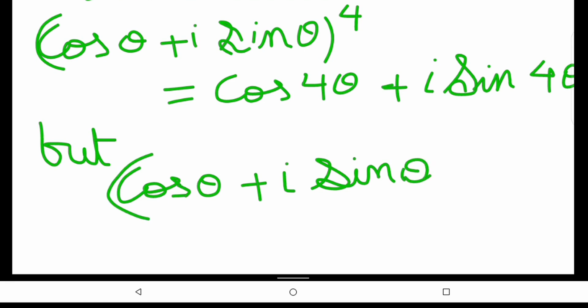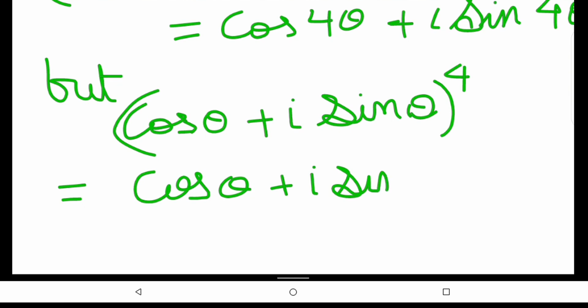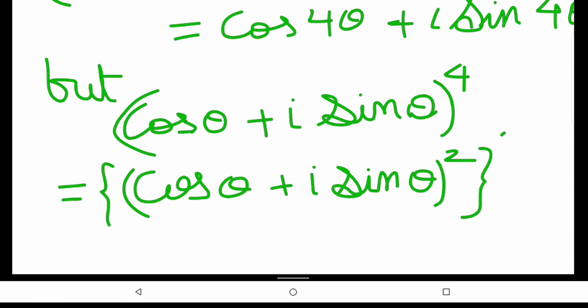If you know the binomial theorem, you can apply it, but assuming you do not know it, let's do it like this: (cos theta plus i sin theta) square, again square. That's your (cos theta plus i sin theta) to the power 4.